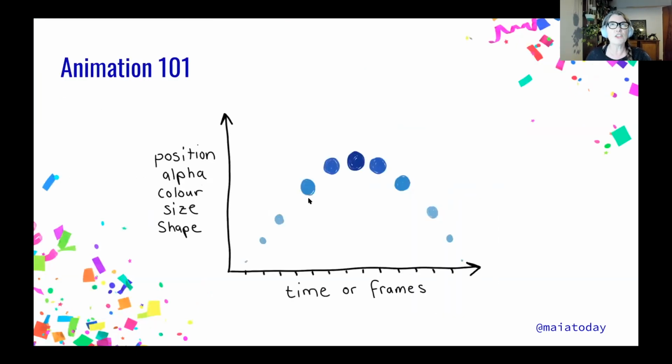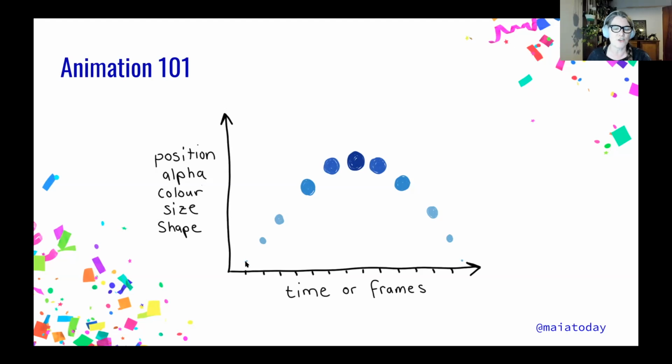Okay, so now just taking a step back, thinking about animations. Now, for anything to be animated on a screen, something has to change over time, or in the case of screens, something has to change over the frames of the app. Now, the thing that changes could be position on a screen, it could be alpha, it could be color, size, or shape.